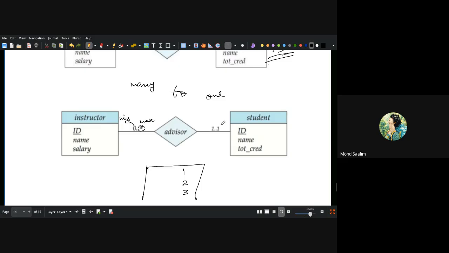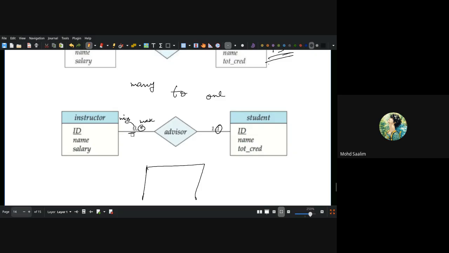In the same way, here this is showing at minimum, at least, how many students you want to participate in this advisor relationship. And again, this is the maximum number. At most, how many students you want to participate in this advisor relationship. So let's understand it practically by example.